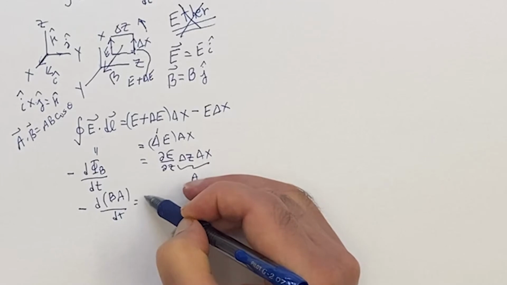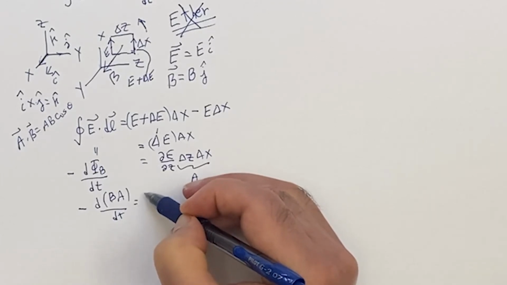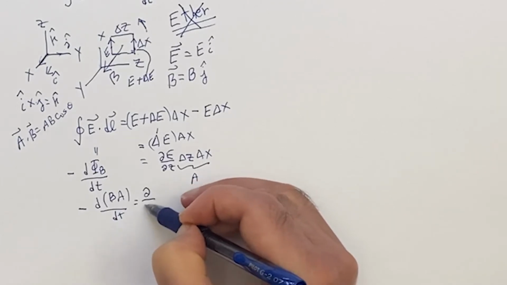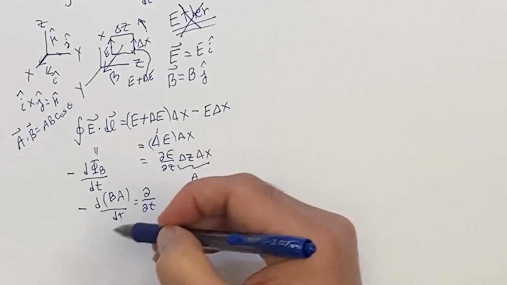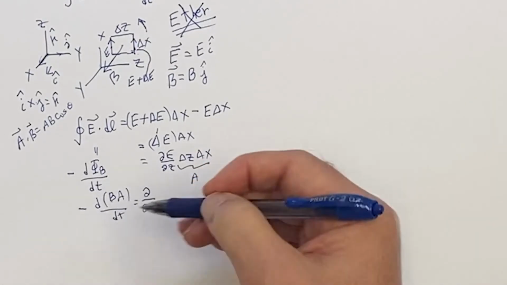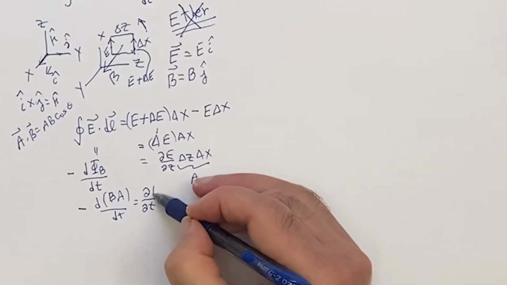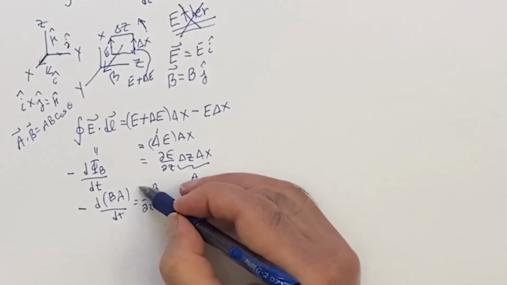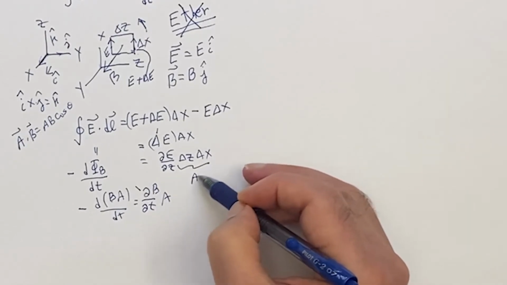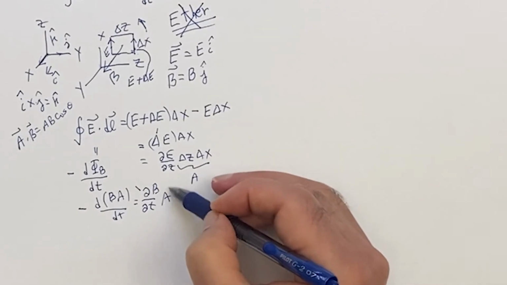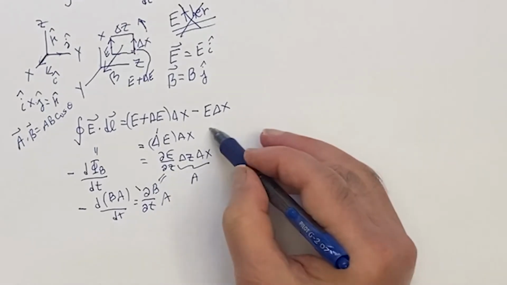I use partial derivatives since both of these fields are functions of x, y, z, space and time. So this will be the partial, with a minus sign, and there'll be an A. Now this A will cancel that A, and I'll have these two being equal.